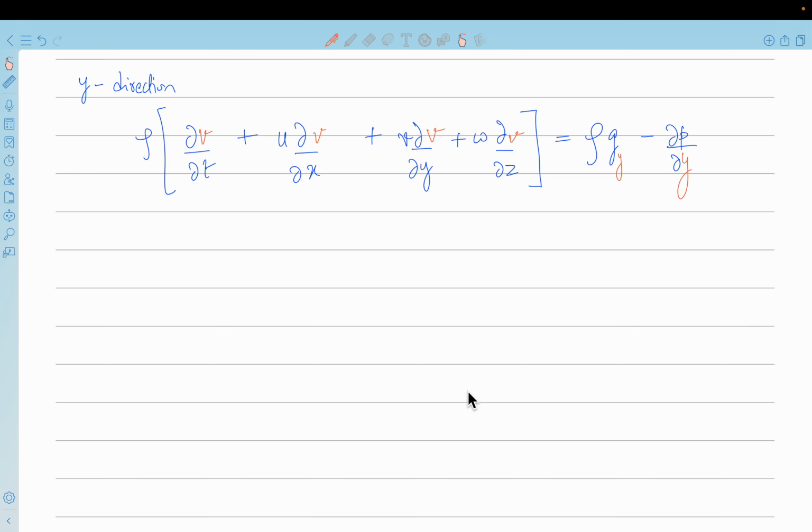Now the other equation that you must have come across in this week's lecture is Euler's equations written in the streamline coordinates. So let's write in the streamline. What do you understand by streamline coordinates?